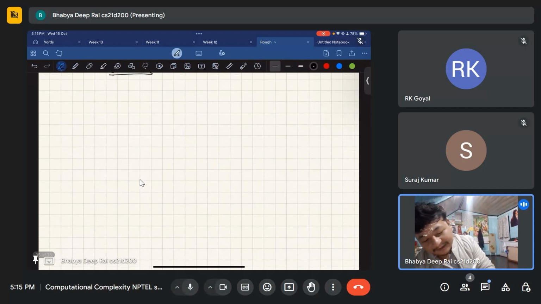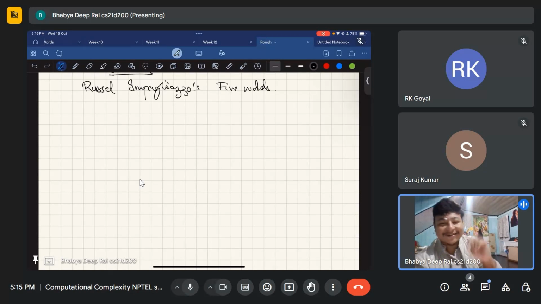And you also have Russell Impagliazzo again, with his five worlds. I think there was a recent sixth edition also. It asks what is the world we live in right now?